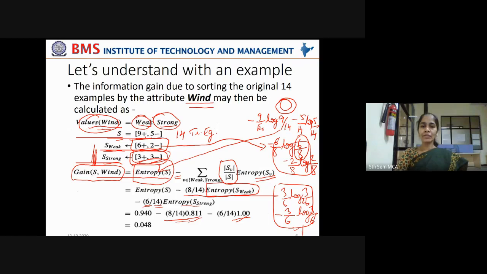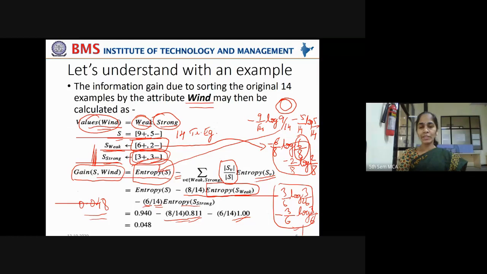Now substitute that in the formula. You'll get the information gain for the attribute wind as 0.048. It means what the algorithm is trying to obtain here is how much better classification it can make by using this particular attribute wind.